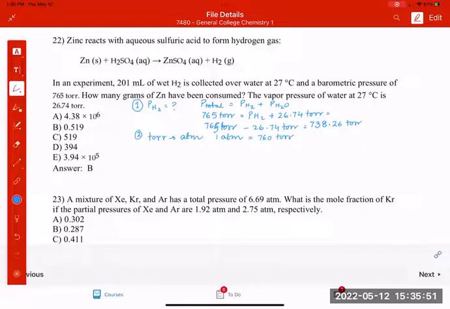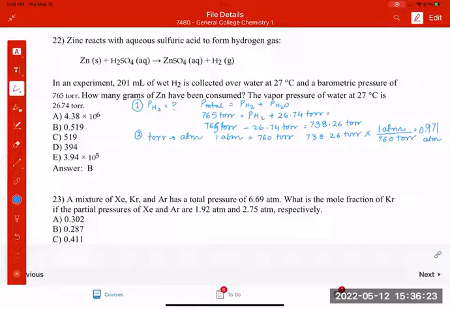So 738.26 torr times 1 atm over 760 torr. Divide 738.26 by 760 and you get 0.971 atm. Always write the units and the context in which you are doing these calculations.